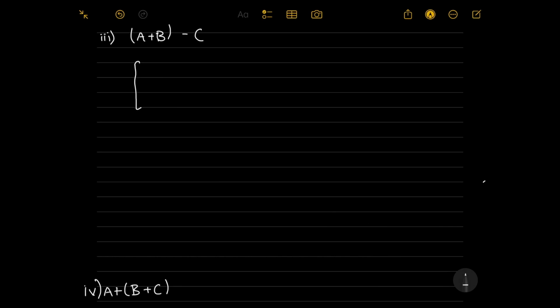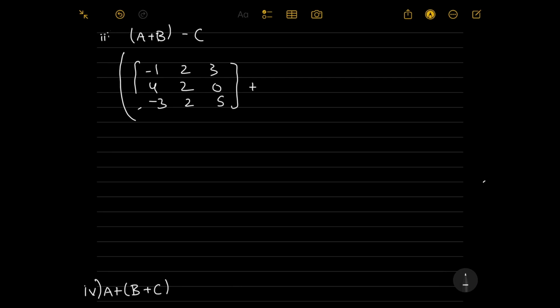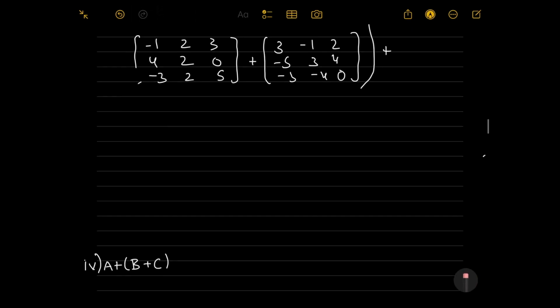A matrix here is minus 1, 2, 3, 4, 2, 0, minus 3, 2, 5, then plus, and this is a big bracket, parenthesis, plus B is 3, minus 1, 2, minus 5, 3, 4, minus 3, minus 4, and 0, and then just subtract C outside the bracket.